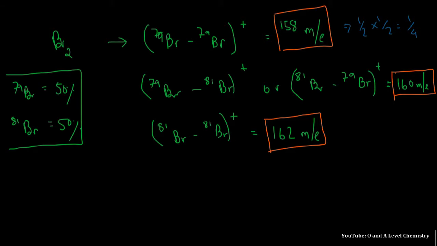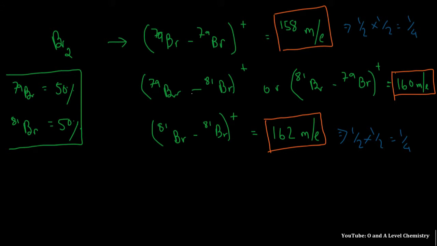If we look at this one, 81, 81, we know that the probability of 81Br is also half. So you need an 81Br and another 81Br to produce 162. So we multiply again and get 1 by 4. So the abundance of the 158 peak and the abundance of the 162 peak are going to be the same.